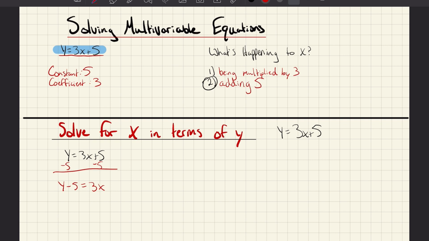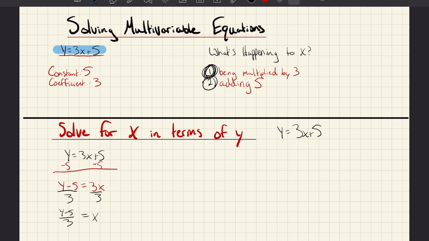Now, what's the next thing? Or the first thing that was being done to x? It was being multiplied by 3. And so to undo being multiplied by 3, I need to use the inverse operation of multiplication, which is division, and divide both sides by 3. And so as a result, I have y minus 5 over 3 is equal to x.